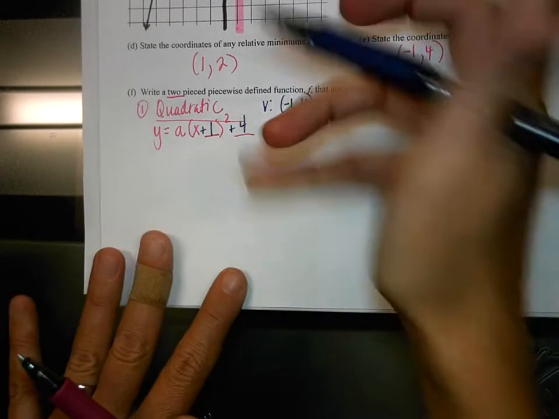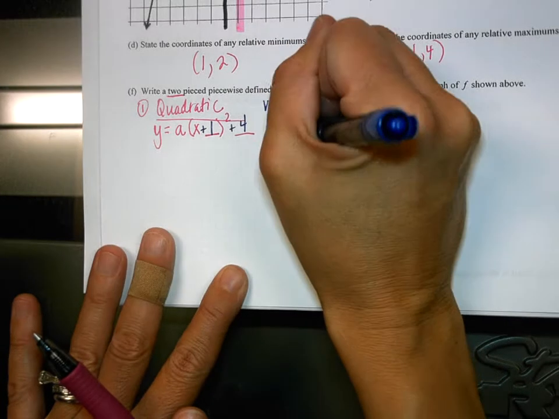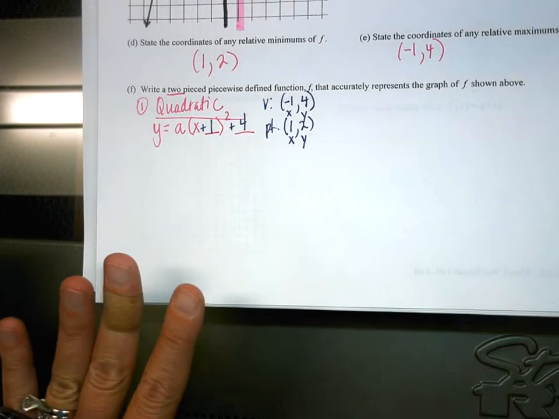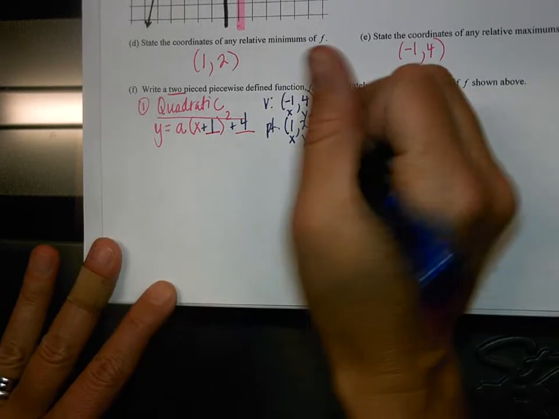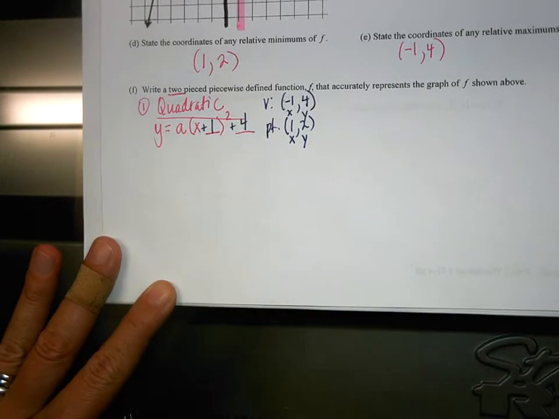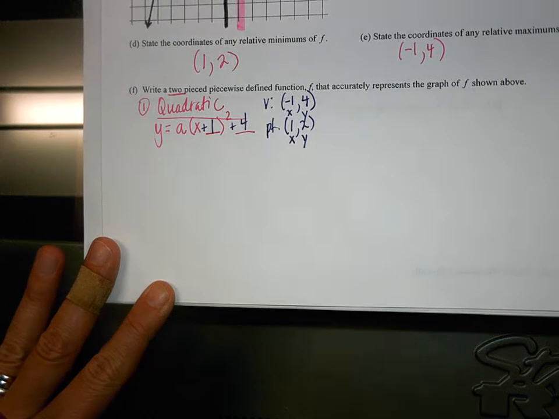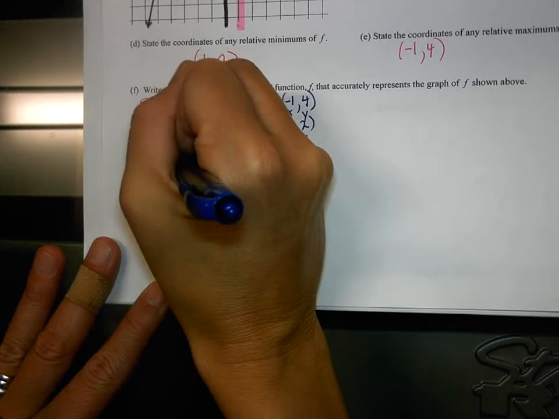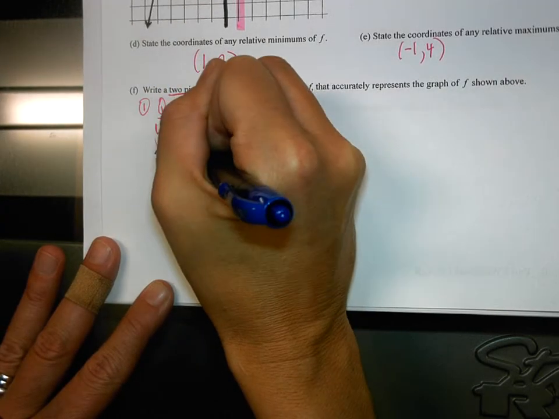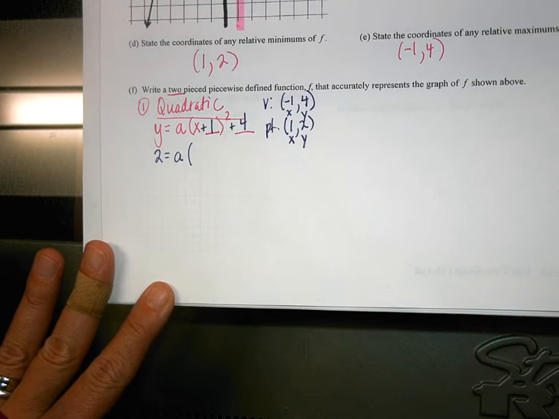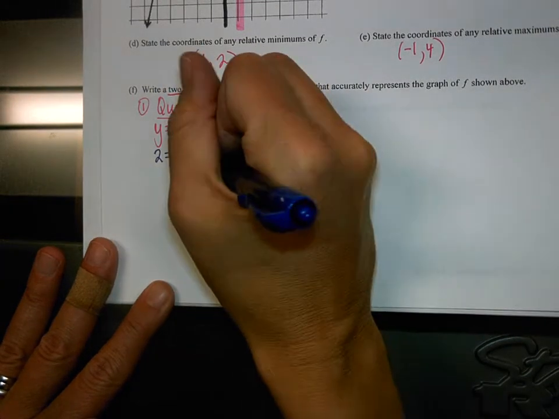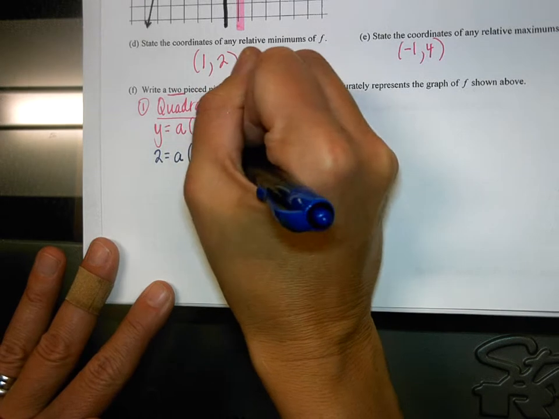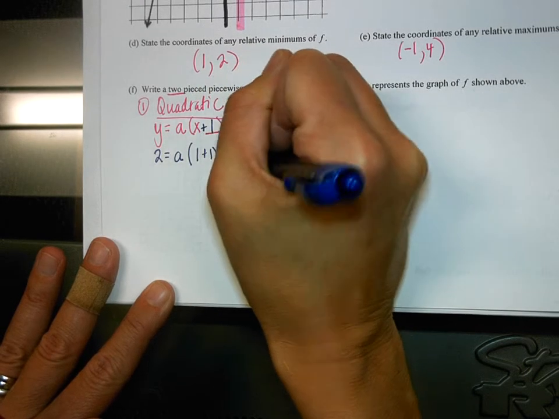Okay, again, I'm going to label these with x and y to make sure I put them into the correct places, and then we have to solve for our a value. So we're writing instead of y, I'm going to write what value? 2. 2 equals a, parenthesis, and then what am I going to write? 1, good, plus 1 squared, and then plus 4 at the end.